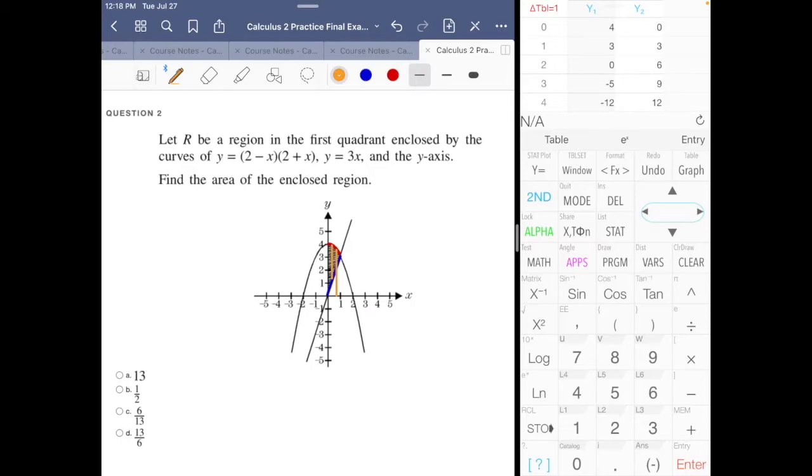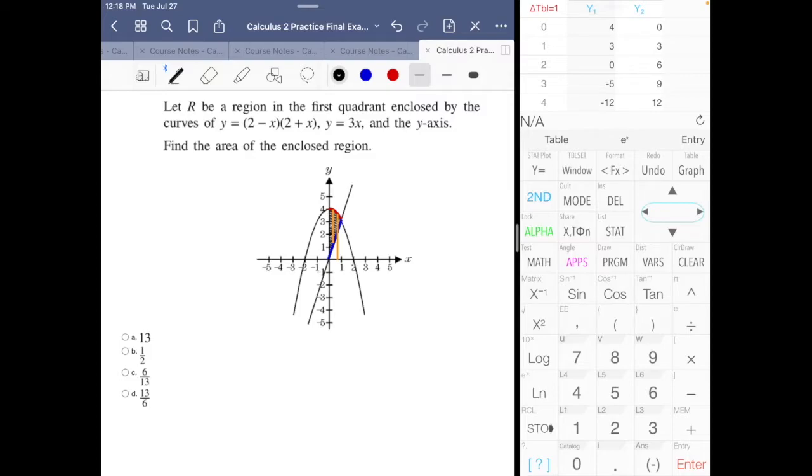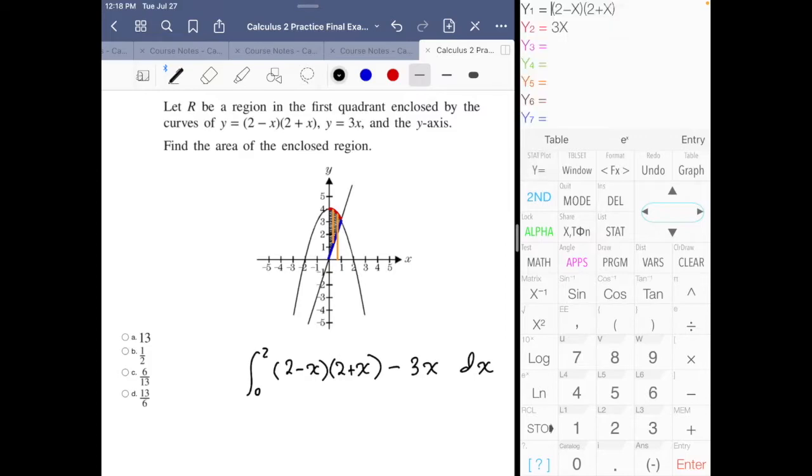All right, so what I would want to do, go back to black, again black. So over the interval of 0 to 2, I'm going to find the difference between the parabola, the dominant function, and the non-dominant function with respect to x. And I could do that all in the calculator because I stored this one in as y1 and this one as y2.